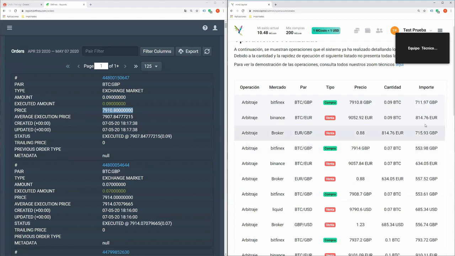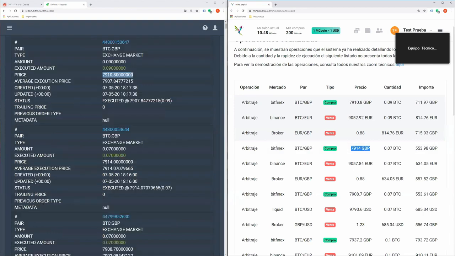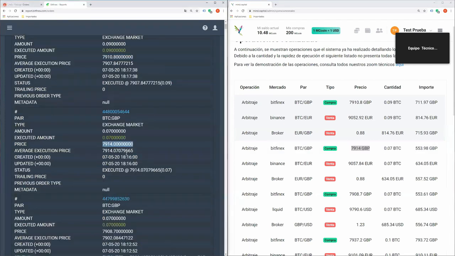Pair BTC euro and price 7914 GBP. Okay, perfect. And the amount 0.07 BTC. Okay, perfect.